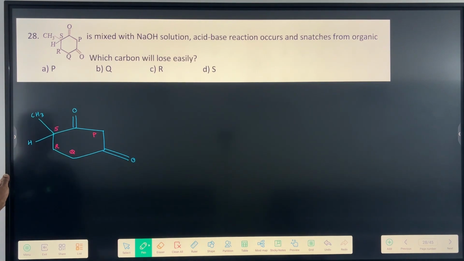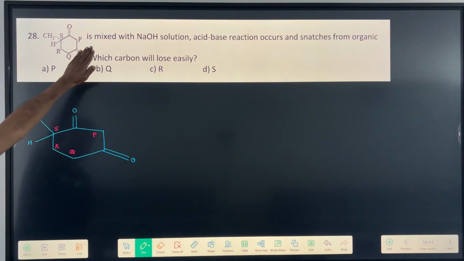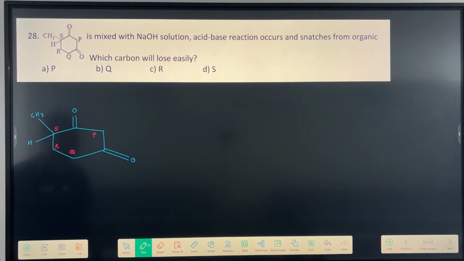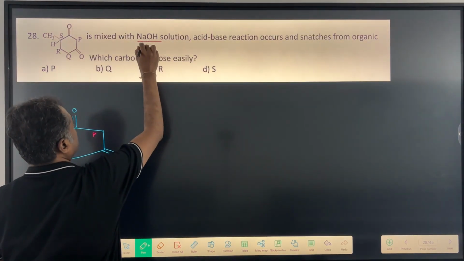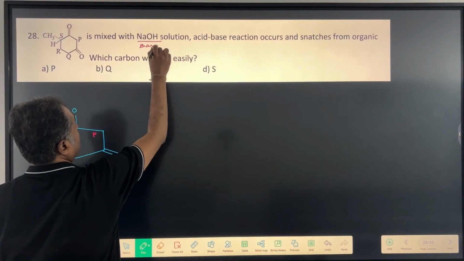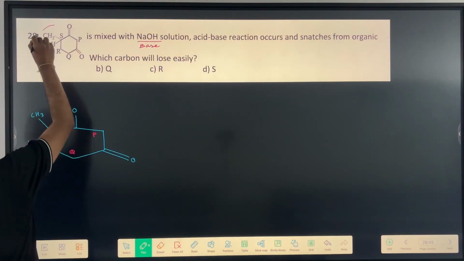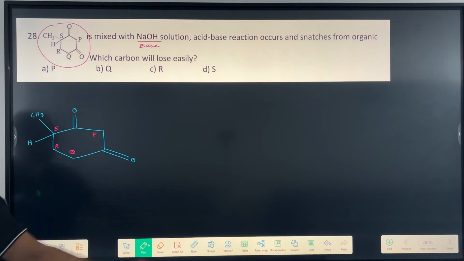Now, the question is, when this compound is mixed with NaOH solution, an acid-base reaction occurs and it snatches a proton from the organic compound. Which carbon will lose it easily? Simple, when you talk about acid-base, first of all you should know NaOH is a base. That means they want to know which one in this compound is most acidic.